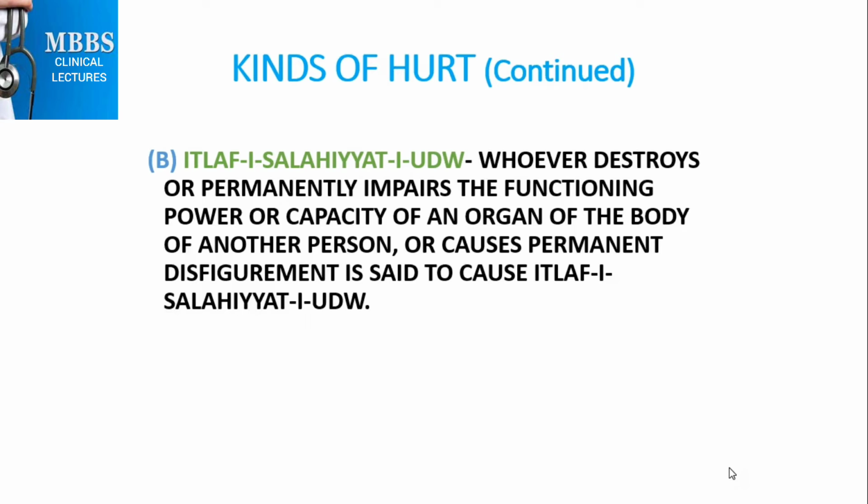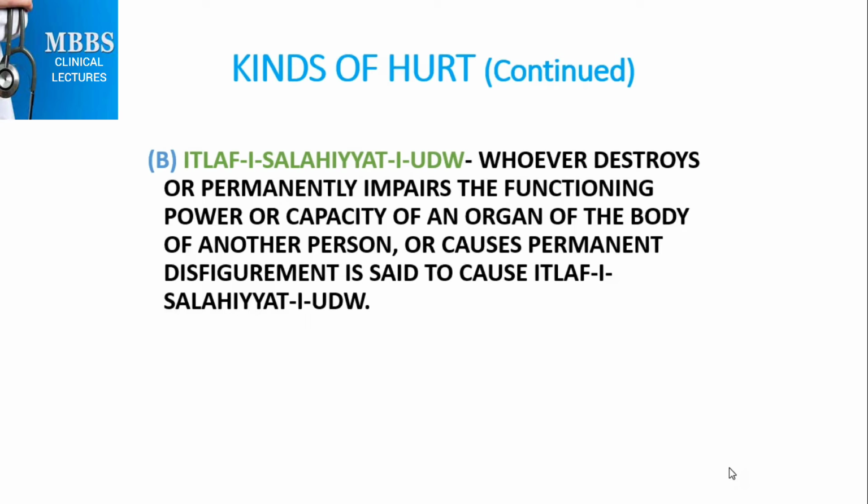Simply meaning, loss of function of any organ of the body is known as itlaf-e-salahiyat-e-udu; the salahiyat, the function, is lost. In itlaf-e-udu, the organ itself was lost. For example, loss of eye means itlaf-e-udu. Loss of vision means itlaf-e-salahiyat-e-udu.